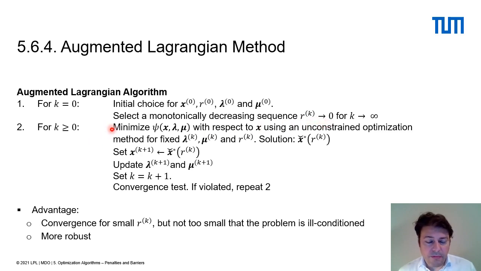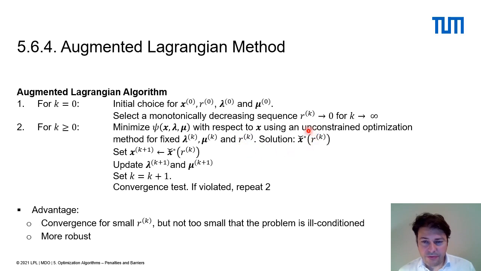And then you minimize only with respect to x, using an unconstrained optimization method for your current estimate of your Lagrange multipliers and your value of r.